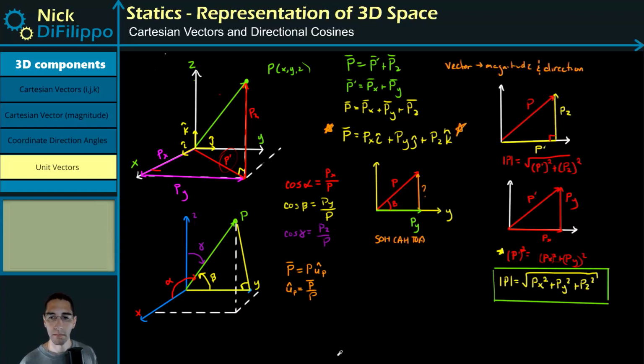I have that this is equal to pxi plus pyj plus pzk, divided by p. And we can simplify it a little bit. We can say this is px over p i plus py over p j plus pz over p k.